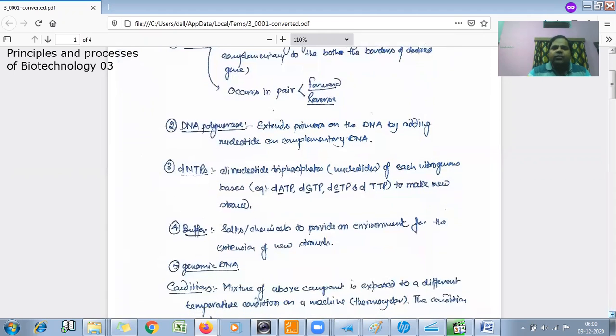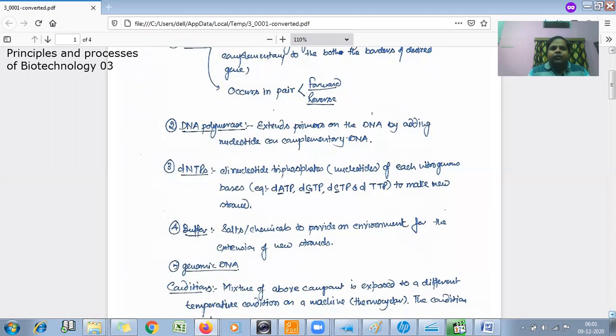And the second component is DNA polymerase. The DNA polymerase is an enzyme which extends the primer on the genomic DNA by adding nucleotides, and that nucleotide will make the complete strand of the DNA. Then the third is dNTP, deoxynucleotide triphosphate, and as we know, there are a total of 4 nitrogenous bases in DNA.